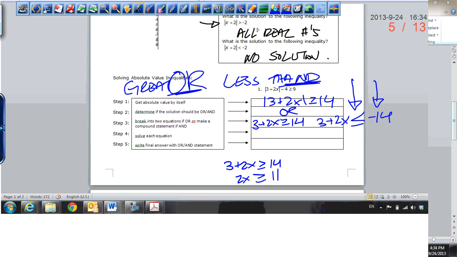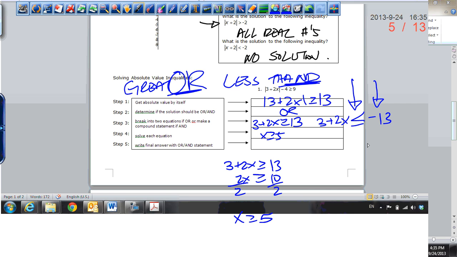Sorry, folks, I made a mistake. That should be 13, not 14. My bad. So when we subtract that 3, it's going to give us 10. So then x is greater than or equal to 5.